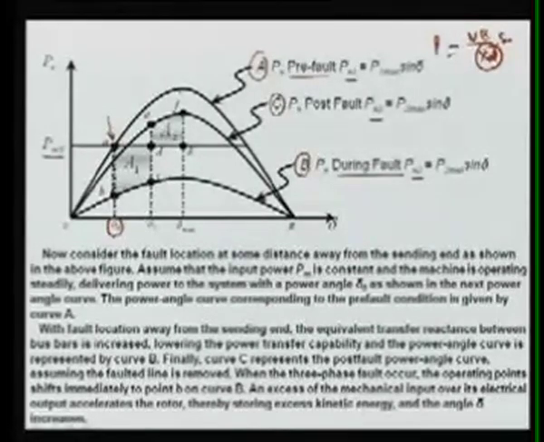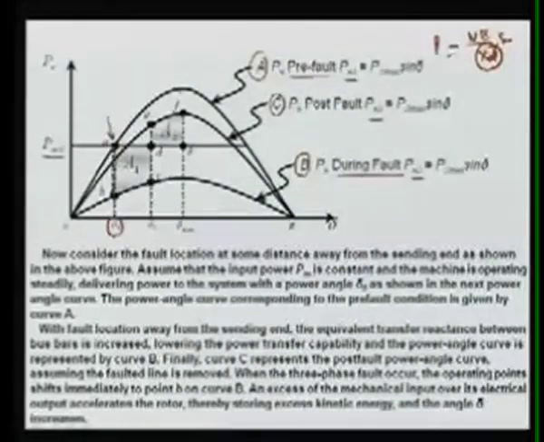Now let us say we have applied a fault. Once the fault has come, what will happen during the fault is that the operating point suddenly shifts to another curve, because it will always follow the PE curve. Now during the fault we have this curve, curve B, and it will be following this curve.